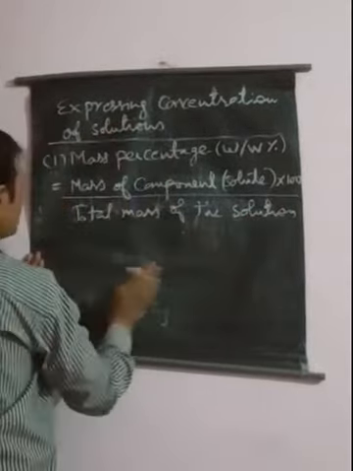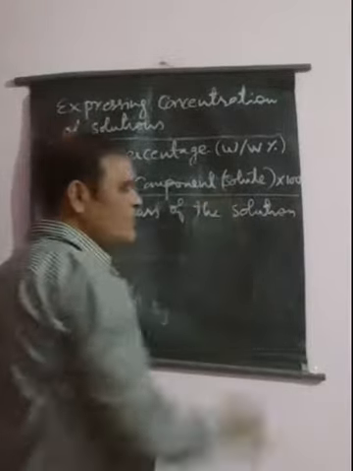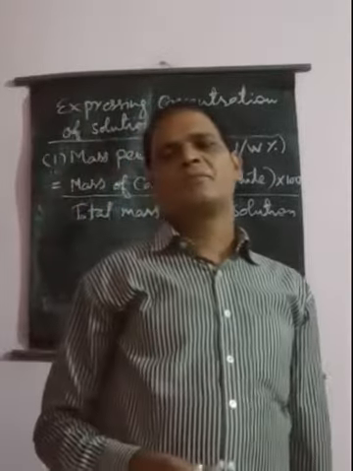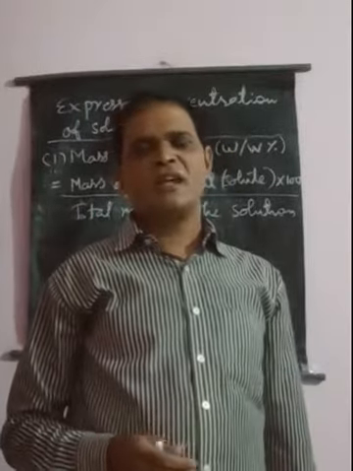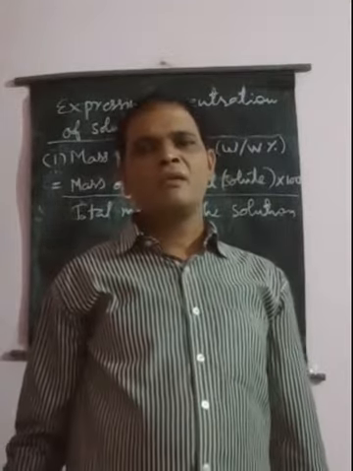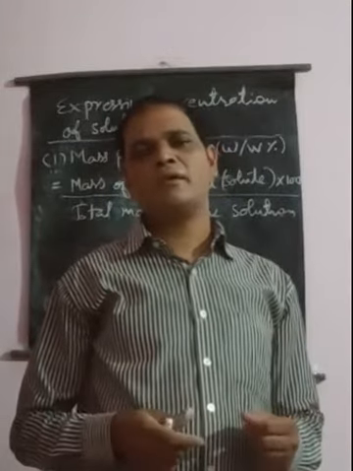Now we will see an example of it. Suppose we want to say that a 10% glucose solution is there. It means 10 gram of glucose is dissolved in 90 gram of water to make the solution 100 gram.